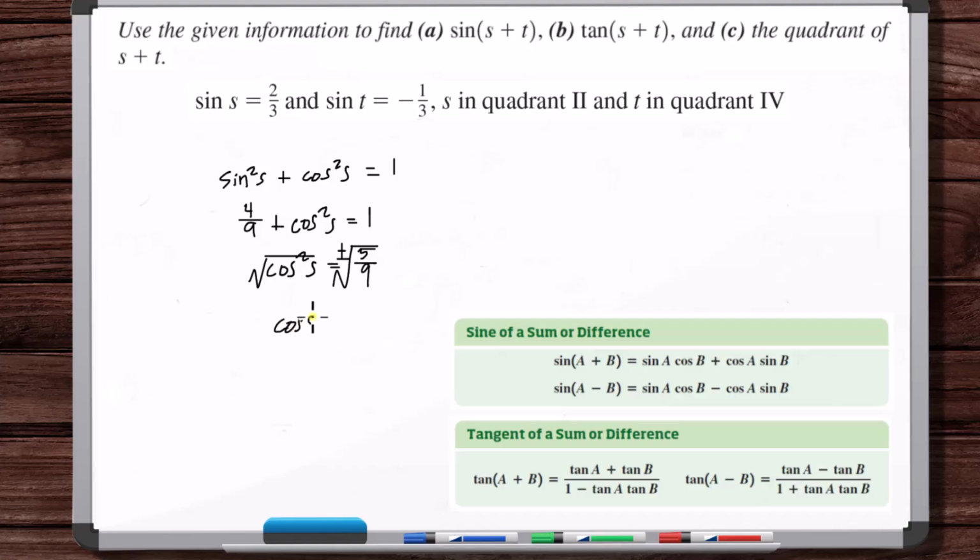So cosine of s is equal to plus or minus root 5 over 3. Now, s is in quadrant 2, and we know that cosine in quadrant 2, so x over the hypotenuse, x is negative. So cosine of s is negative root 5 over 3. So, okay.